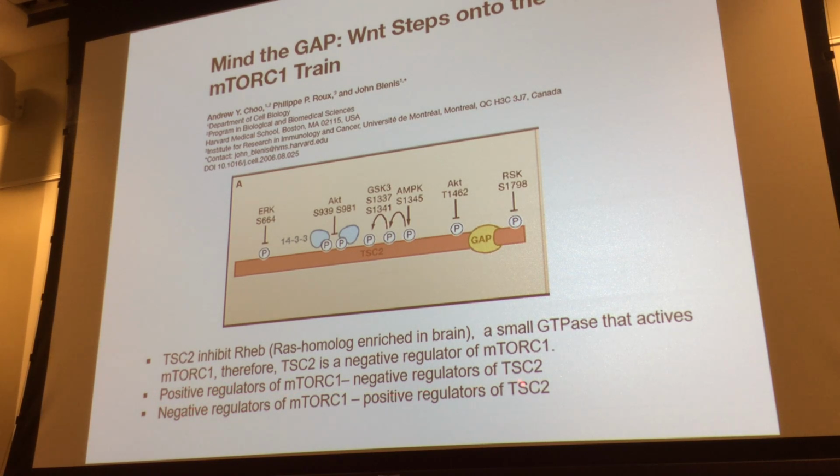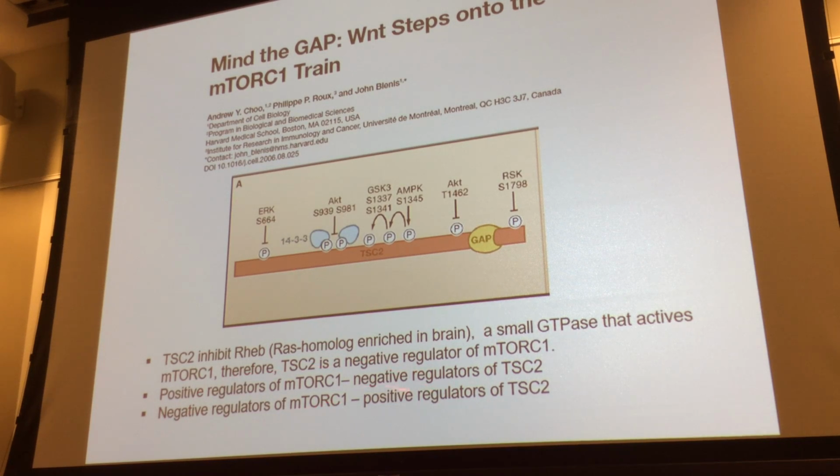So I actually put it here, right? For all these negative regulators of TSC2, let's say there's ERK, there's AKT, there are different sites, but they're all inhibitory toward TSC2. So when they are activated, they are the positive regulators of mTOR, because they are negative regulators of TSC2.